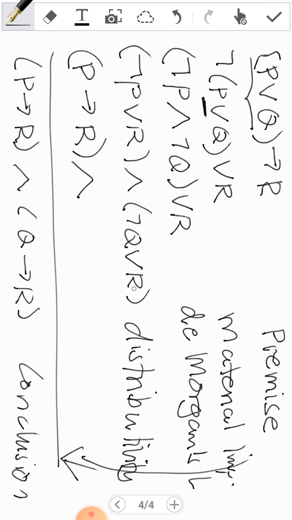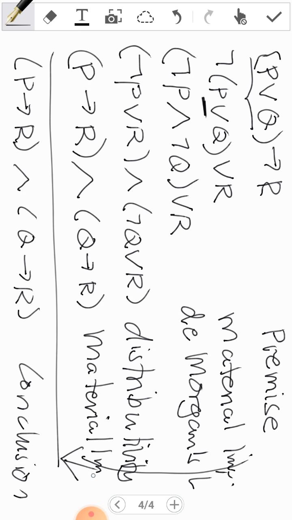And using again material implication here, that gives us Q implies R. So this is again material implication. So there you have it.